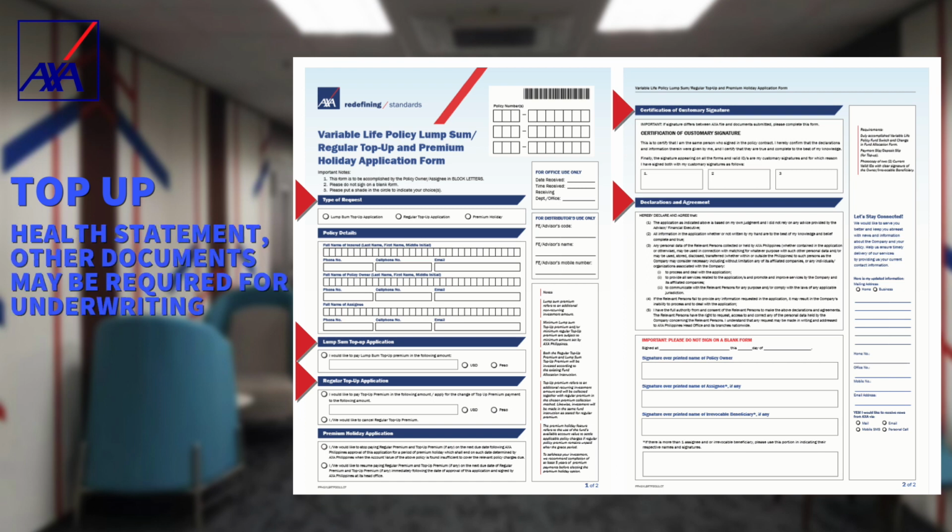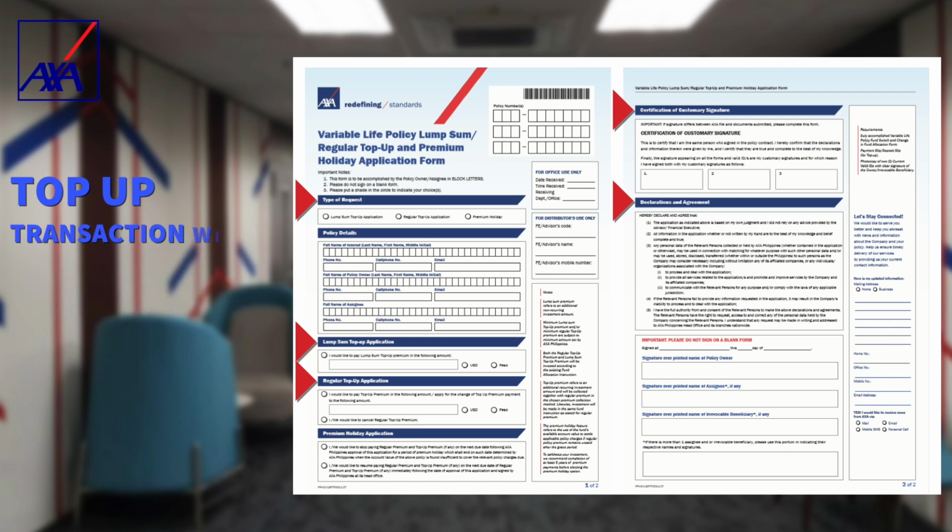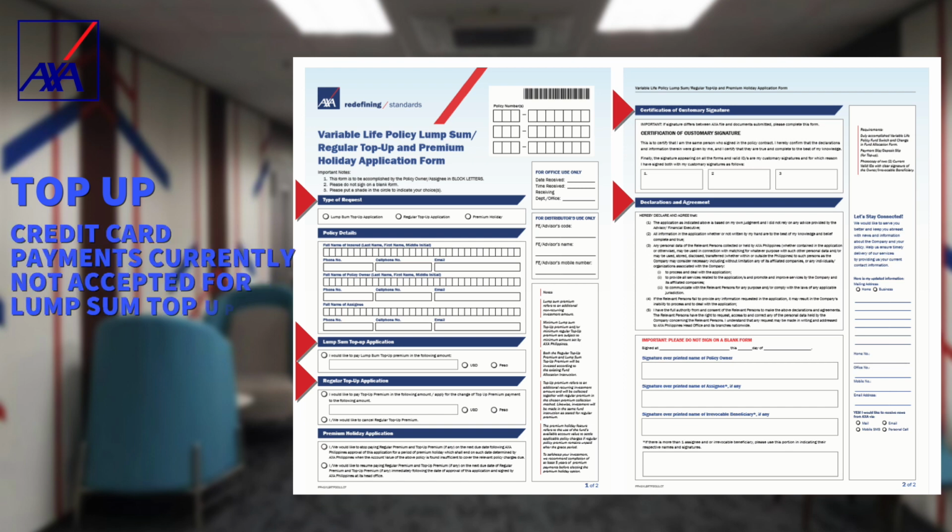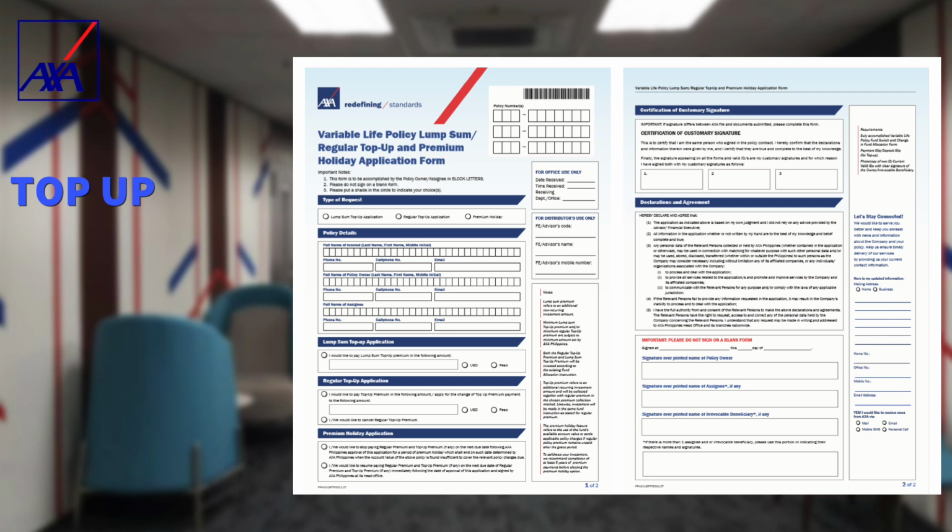If there is a need for underwriting evaluation, a health statement or other documents may be required. If the payment is not made or happens to be insufficient, the transaction will not proceed. Currently, credit card payment is not accepted for lump sum top-ups. Please use the variable life policy lump sum regular top-up and premium holiday application form.